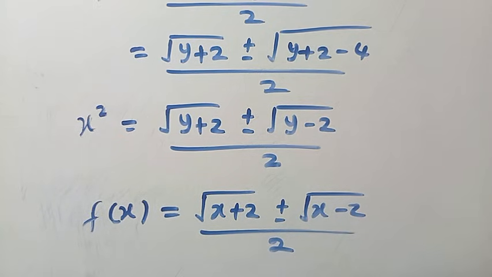So this is what we have for f of x. Then note that x is greater than or equal to 2 in order for us to have a defined equation.